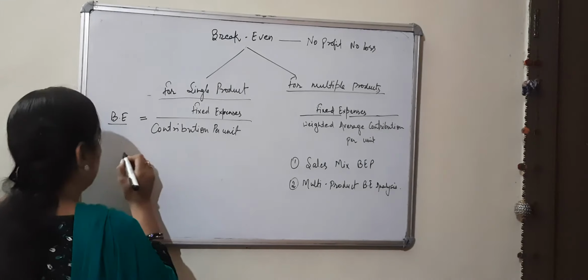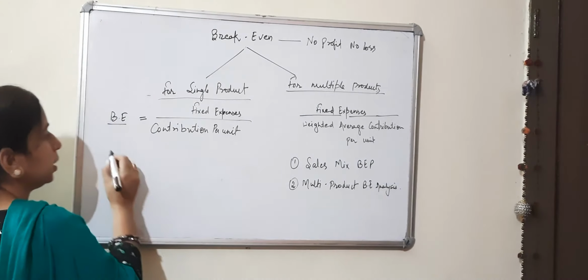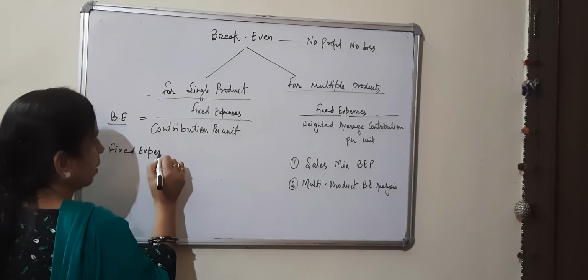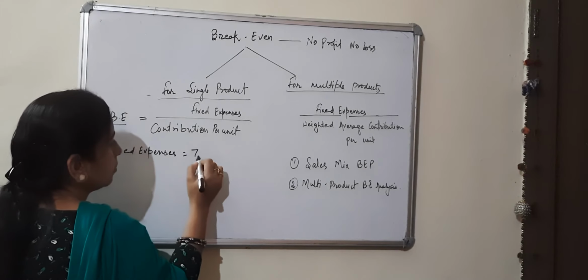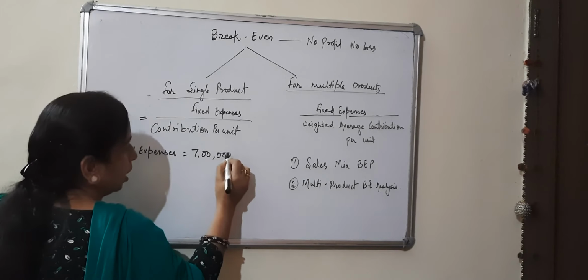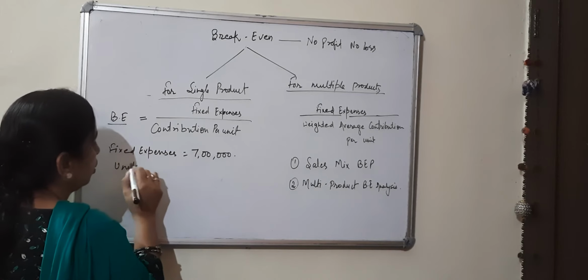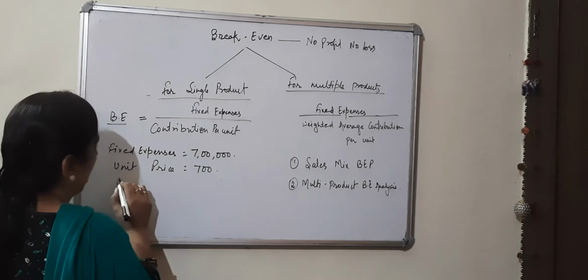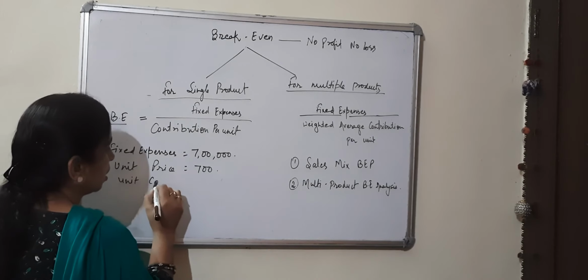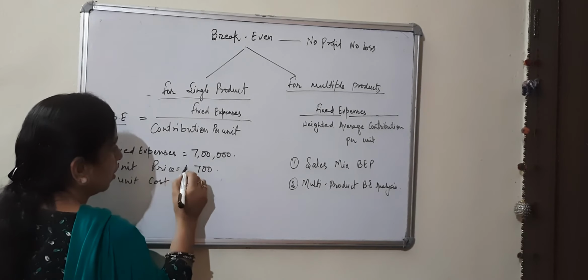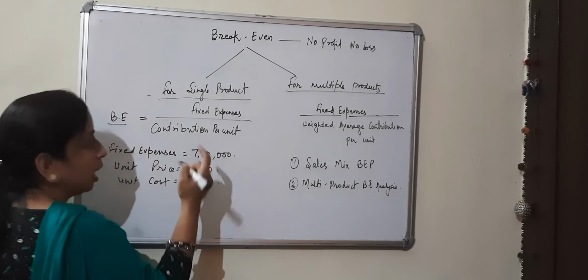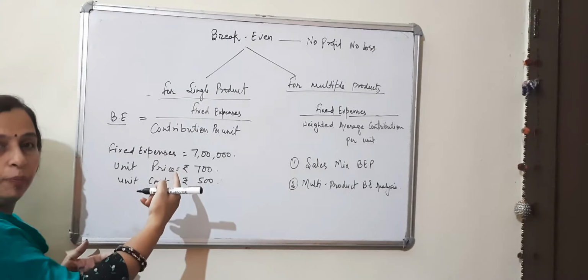Suppose for a particular product in a company, the fixed expenses are 7 lakhs, unit price is 700 and unit cost is 500.